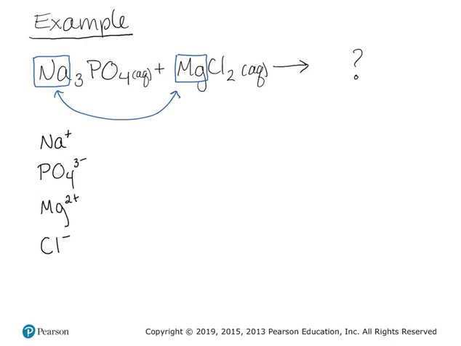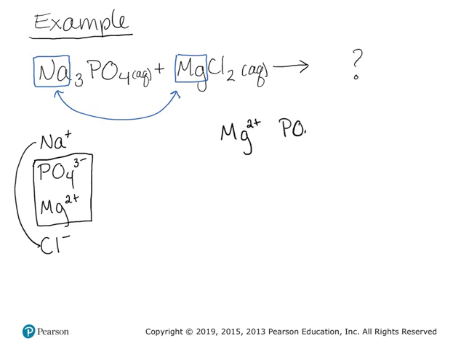Okay, so if we're switching our metal ions, that means that magnesium and phosphate are now going to pair up together in the products. And then sodium and chlorine are going to pair up in the products. So we're switching everything around. Okay, so let's pair up magnesium 2+ with phosphate 3-.